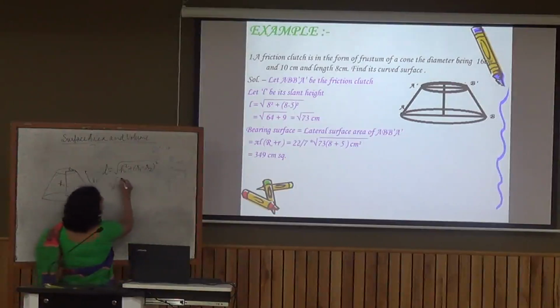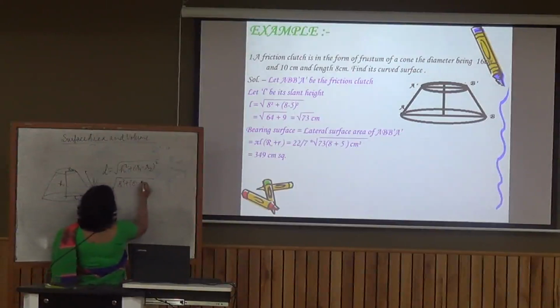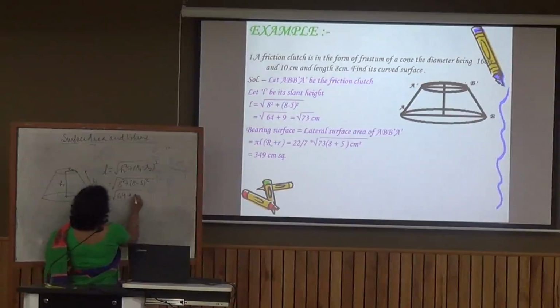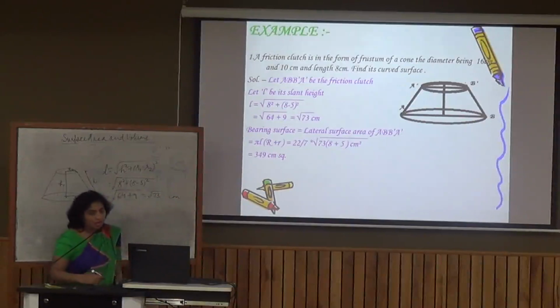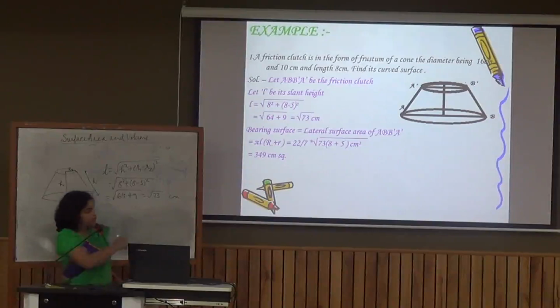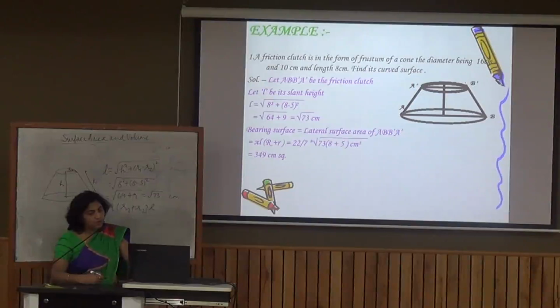So we have here 8 square plus (8 minus 5) square. That gives us 64 plus 9, and square root of 73 centimeter. This is our slant height, and our curved surface area would be pi (r1 plus r2) into L. We put all the values and we get curved surface area of the friction clutch.